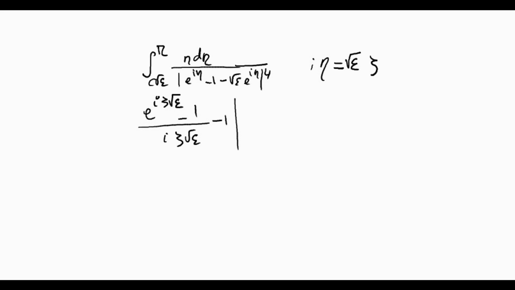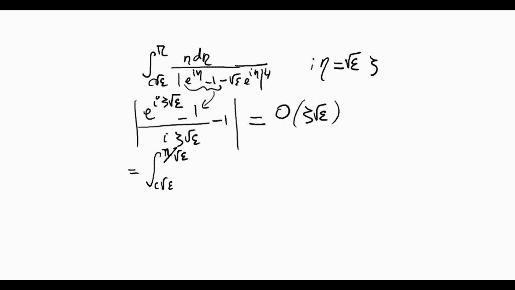So this can be checked, that this is a quantity which is of order η square root epsilon. So that we are going to replace this term in here by this formula, such that this integral becomes, with the change of variable, c divided by square root epsilon.